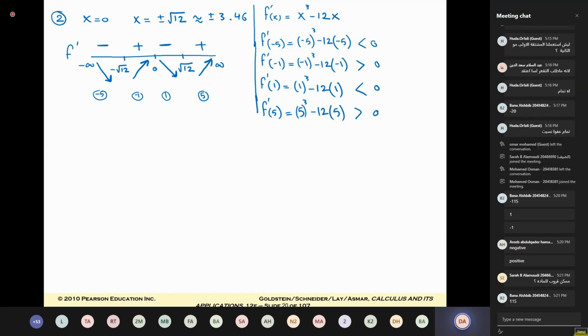Okay. From this sign of f prime, we can conclude increase and decrease and local maximum and local minimum. Okay, so f of x increasing from negative radical 12 to 0 union and from radical 12 to infinity. This is the interval of increasing.